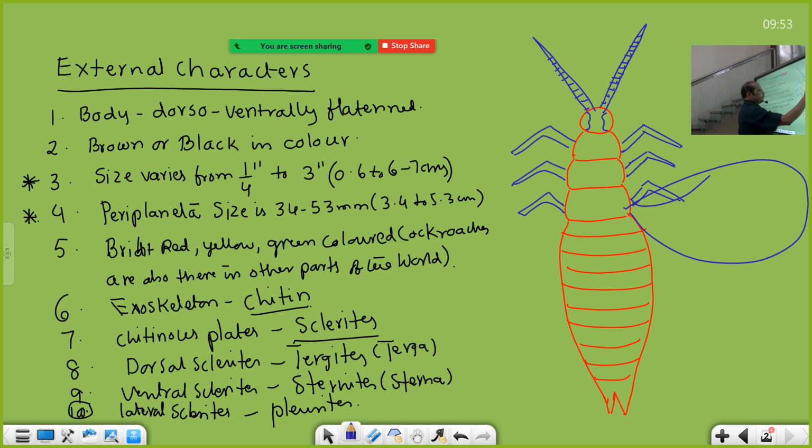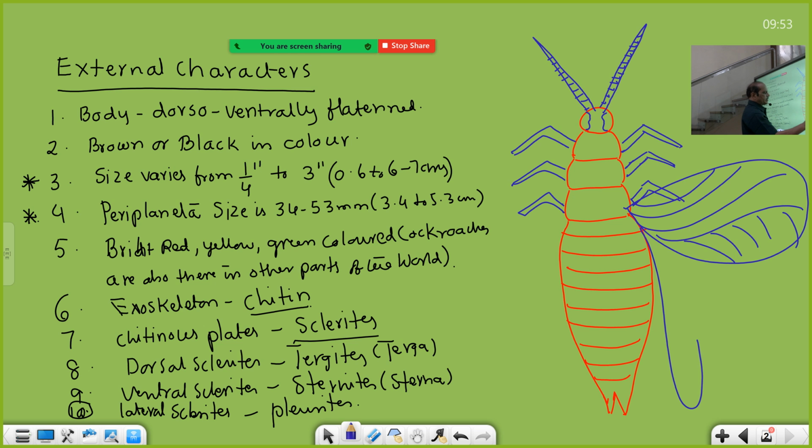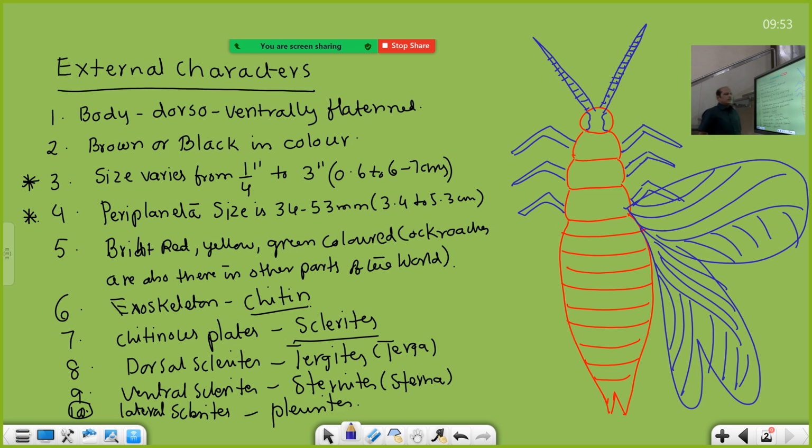This is the upper wing, like this, and these are the lower wings. Lower wings are membranous. A statement type question will come on both wings. So this is the cockroach. These 1, 2, 3 are thoracic segments in any insect. The abdomen segments may vary, but the number of thoracic segments is constant.